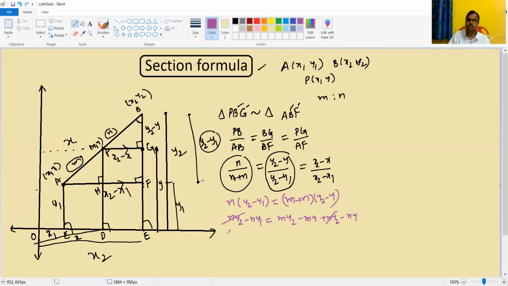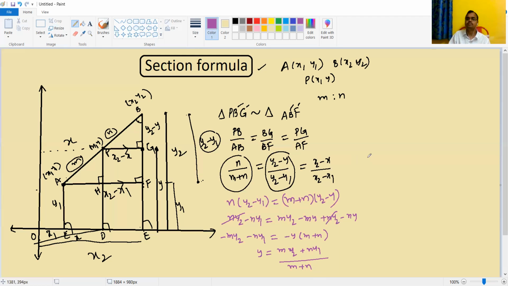This my2 is on that side, my2 minus ny1 is equal to minus my minus ny. So take minus y common, m plus n. Now y is equal to how much? my2 plus ny1 by m plus n.